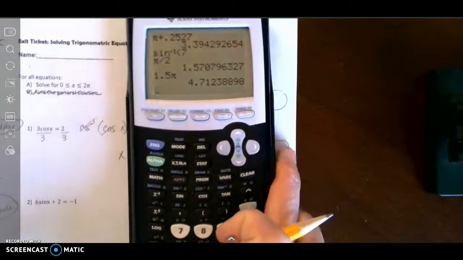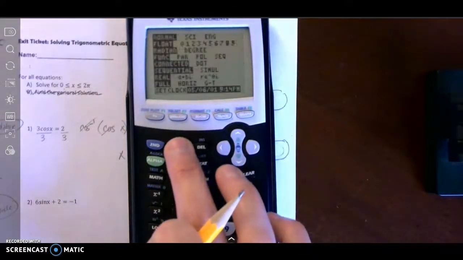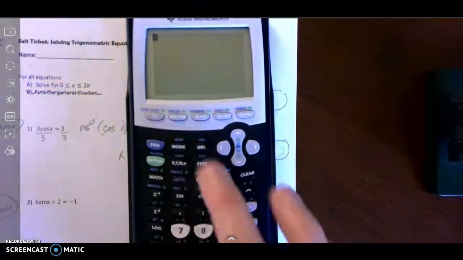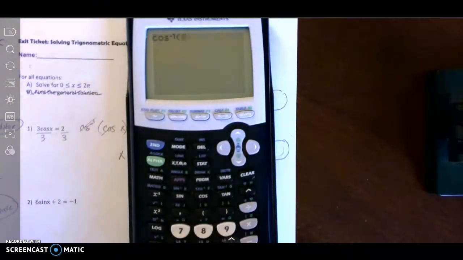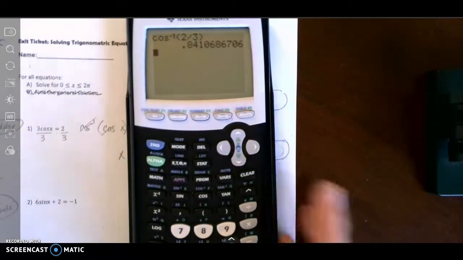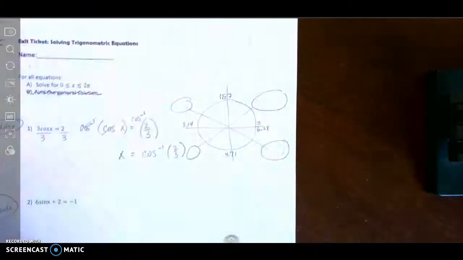Then I go to my calculator. It needs to be in radians, so I make sure it's in radians, and it is. And then I'm going to go to inverse cosine of 2/3. And I get 0.8. Let's go to 4 decimals: 0.8411.